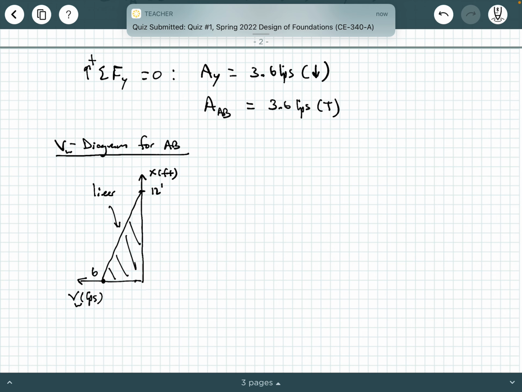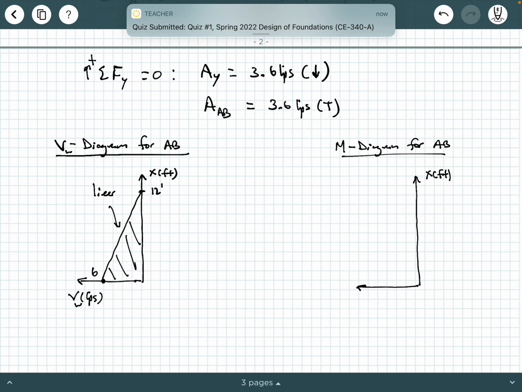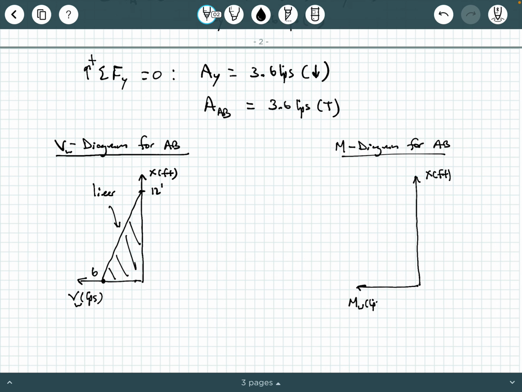And then let's go ahead and sketch the moment diagram for AB. So we'll have X in feet here, and we'll have M sub wind in kips.